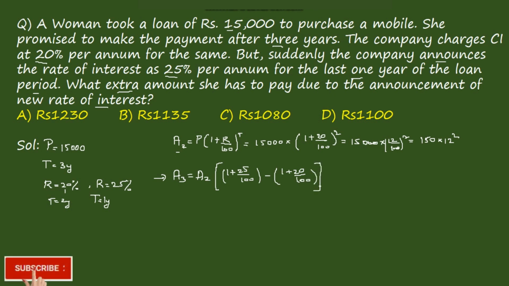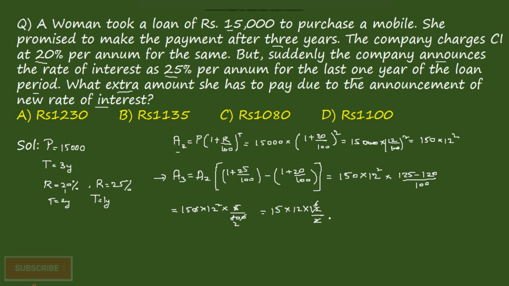Right? Just subtracting values, which is equal to nothing but A2, given as 150 into 12 square into (125 minus 120) by 100, right, which is equal to 150 into 12 square into 5 by 100, and the 0 0 get cancelled, 1 side it goes by 2 side, which is equal to 15 into 12 square means it is 12 into 12 by 2, right, it goes by 6. 6 and 15 is 90, 90 into 12 is equal to 1080.